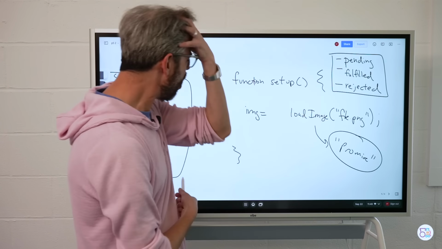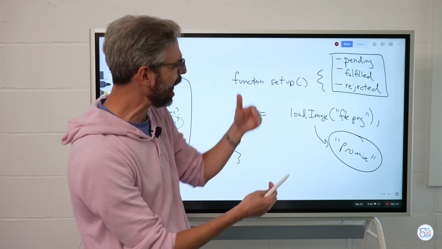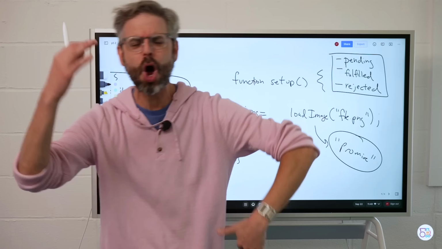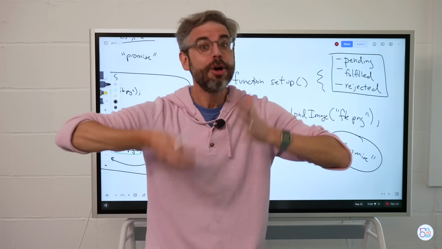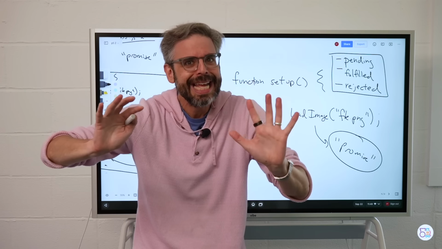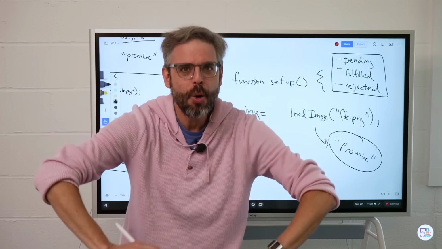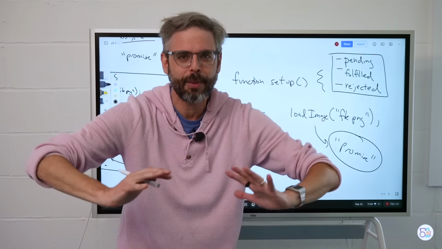So you might be wondering, I've got to write some more code to check if it's pending, and then I need a callback for when it's fulfilled, and I have to catch the error if it's rejected. All this is true, again, if you are working with the lower level details of handling promises.